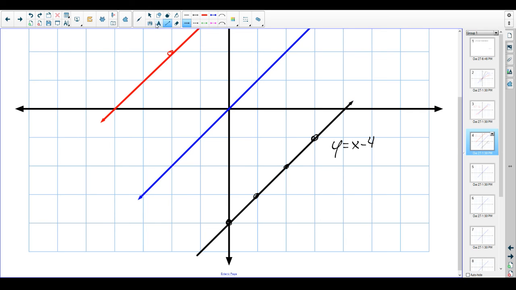We notice this one here is still equally steep, and it shifts 4 units down. Okie dokie. That's about it, to give you a nice basic start to linear transformations.